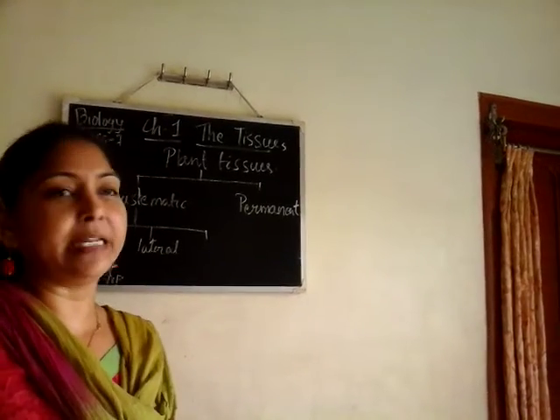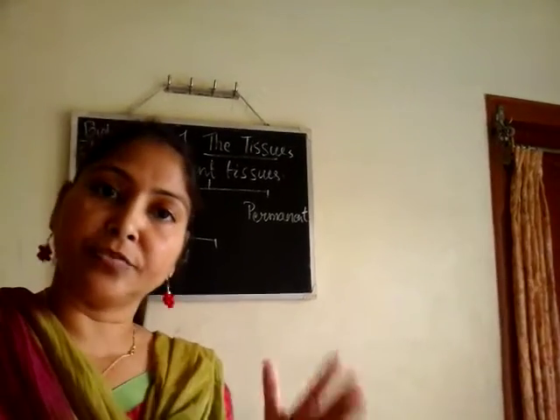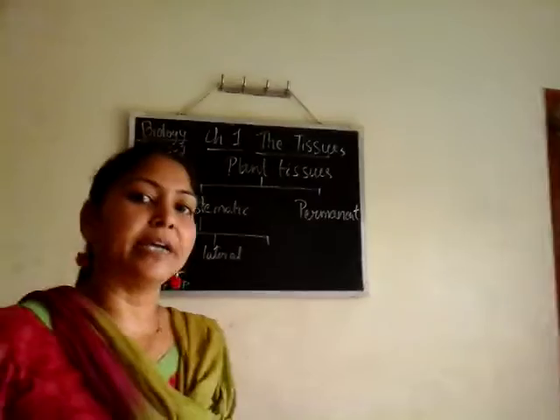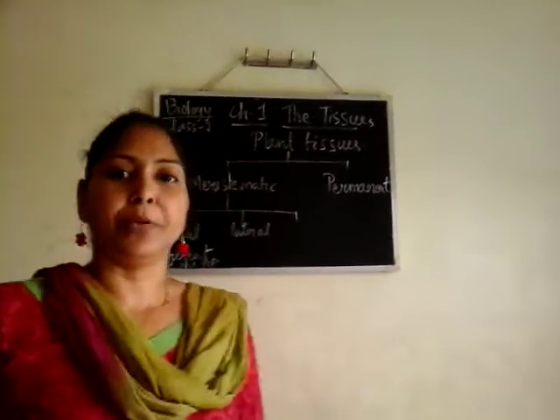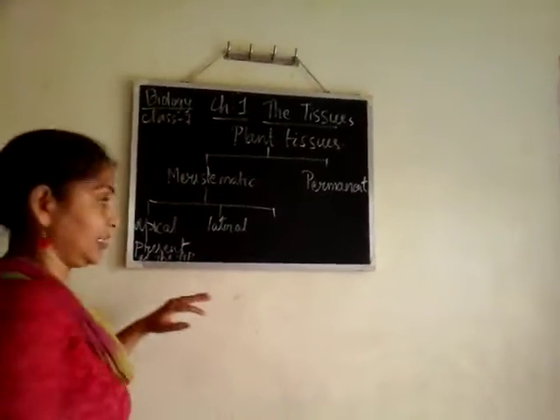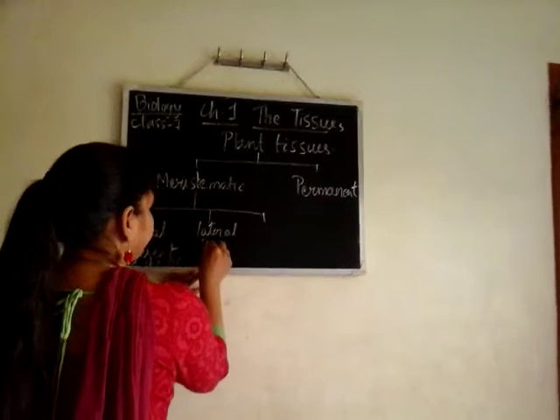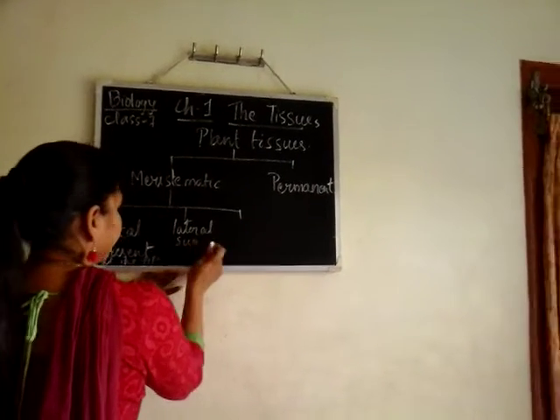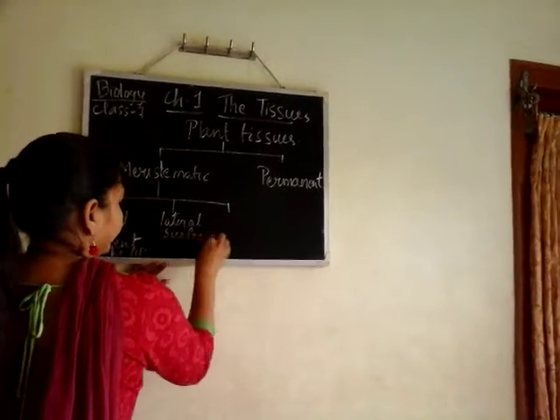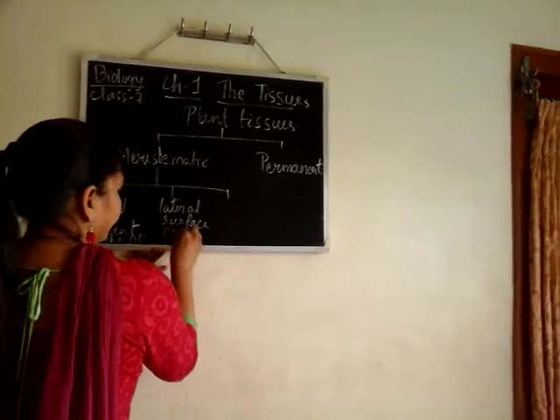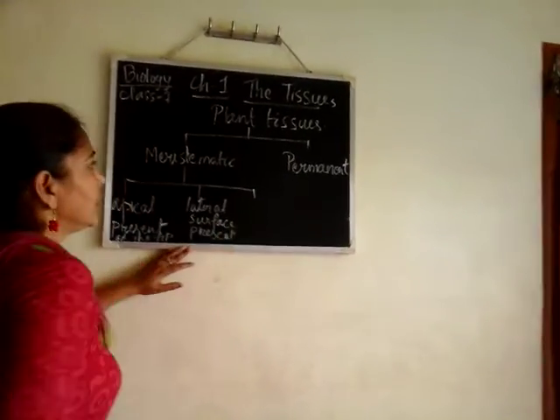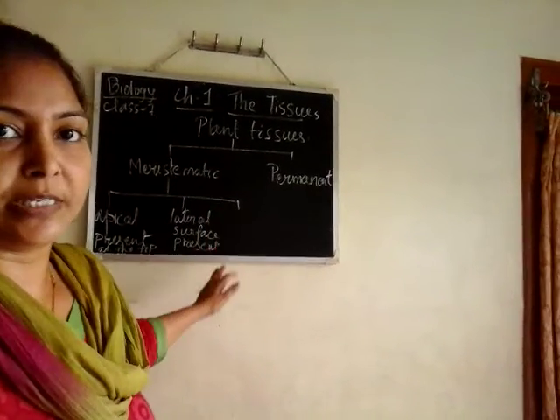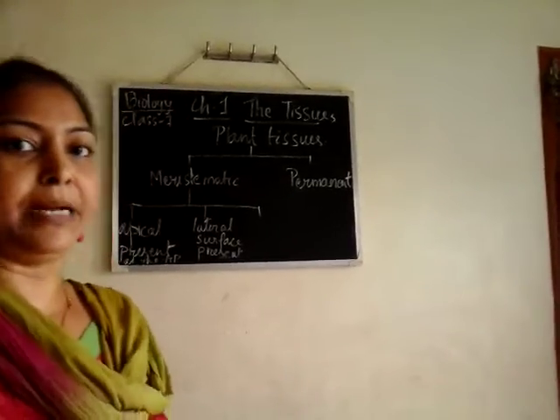Like for example, in case of trunk, in case of stem. So these kinds of tissues will be present at the lateral surface. Lateral meristematic tissues are present at the lateral surface of the plant parts.